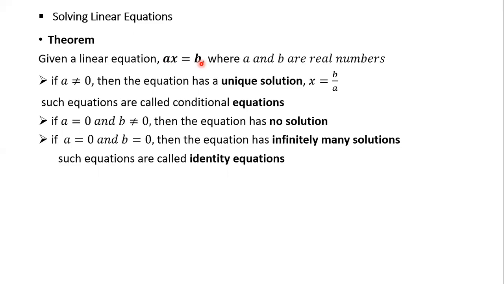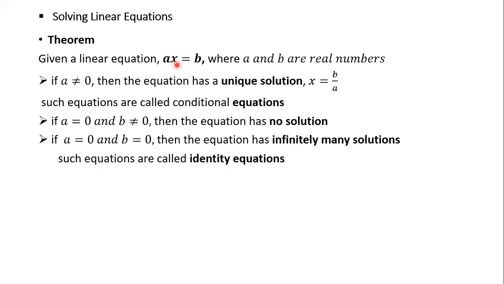Now, if A is equal to 0 and B is not equal to 0, then when 0 is multiplied by X, the left side equals 0. And B is not equal to 0; B can be any real number like 2. So we have a situation where 0 equals 2.